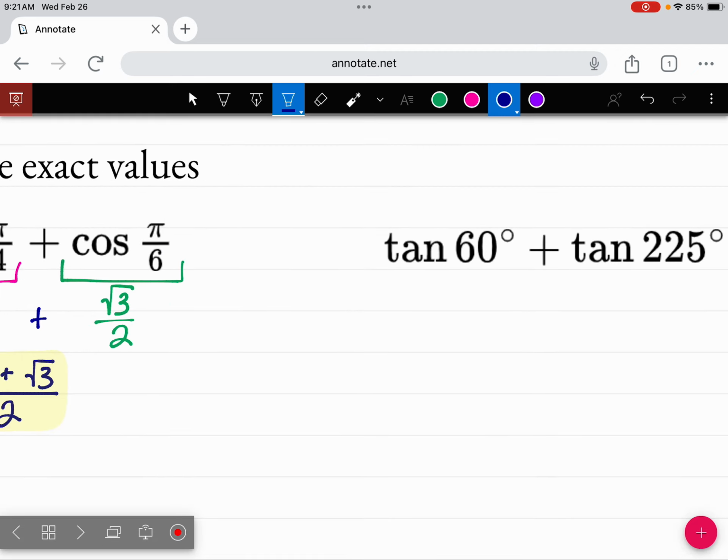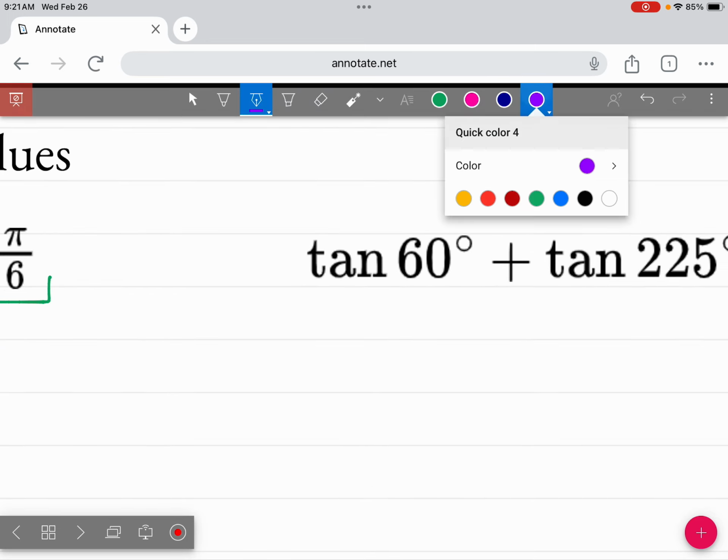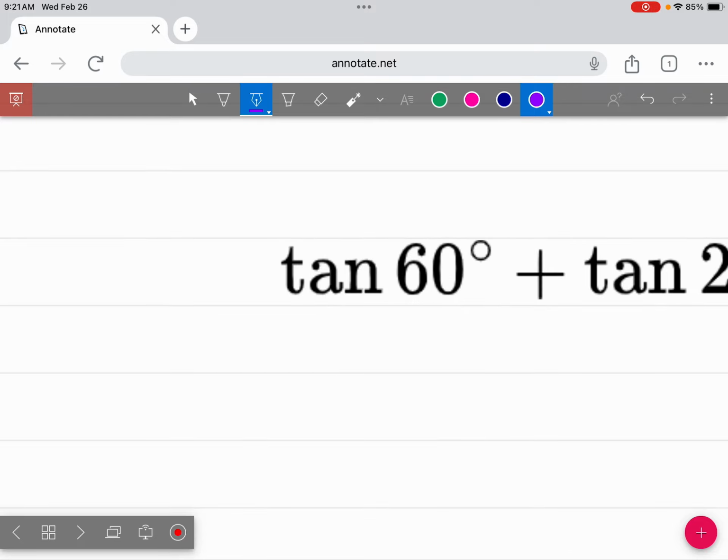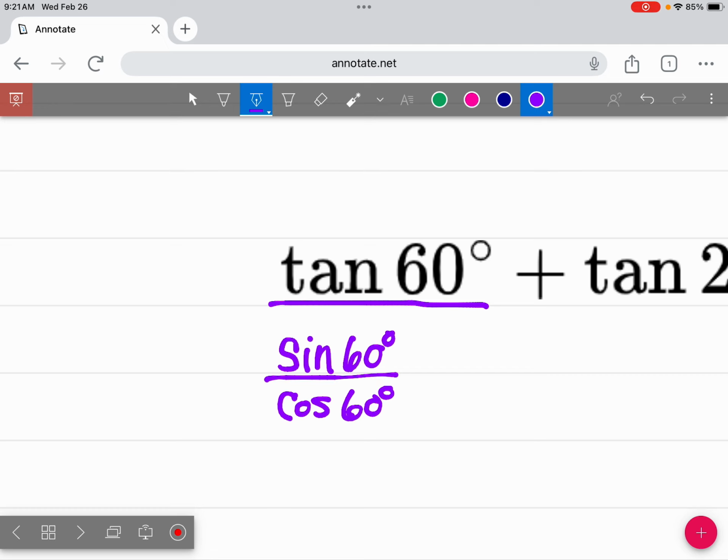Okay, then sometimes we'll do things with tangent. This time we also give it to you in degrees because we're just tossing all kinds of stuff at you, trying to remember things. So think about tangent of 60. And if it helps, you can do it as sine of 60 degrees over cosine of 60 degrees.